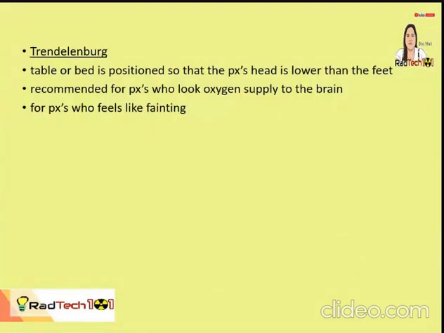Next term is Trendelenburg. The head is lower than the feet. The table or bed is positioned so that the patient's head is lower than the feet. This is applied for patients with lack of oxygen supply to the brain.